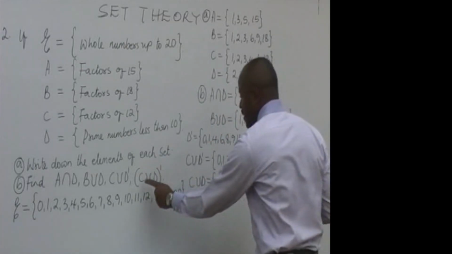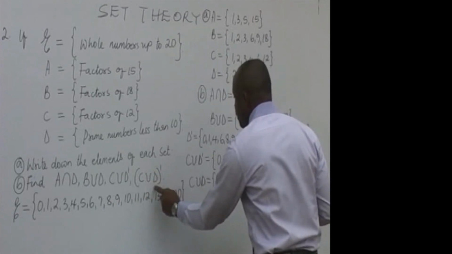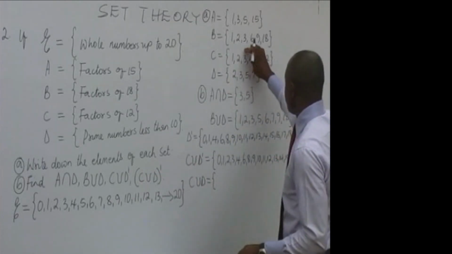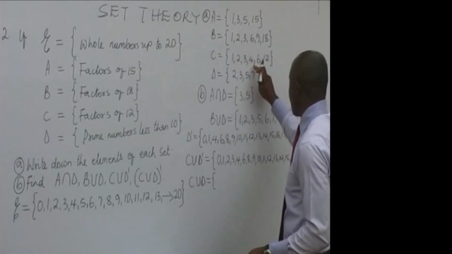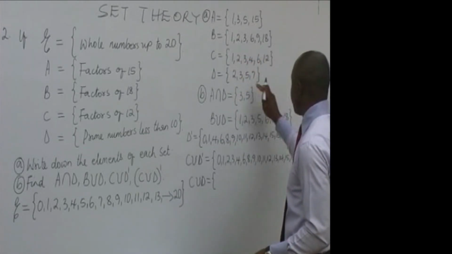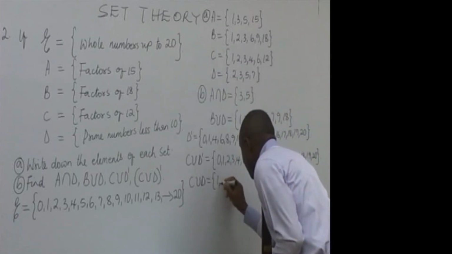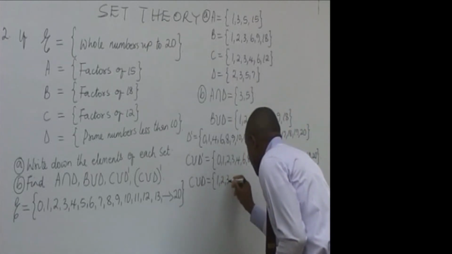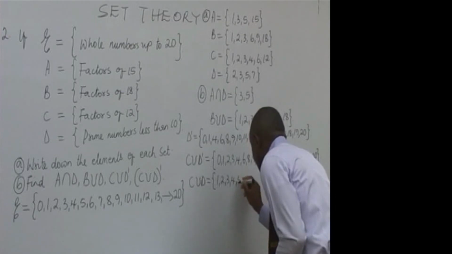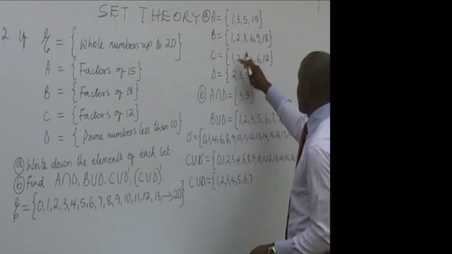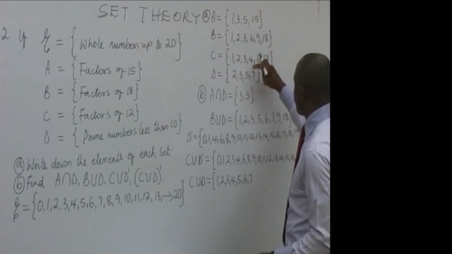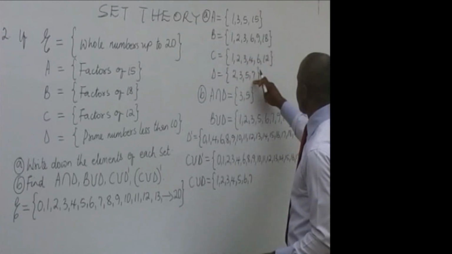So first of all, let's find C union D. All the members of C and all the members of D. So 1, 2, 3, 4, 5, 6, 7. So let's write that one first. 1, 2, 3, 4, 5, 6, 7. Then 12.